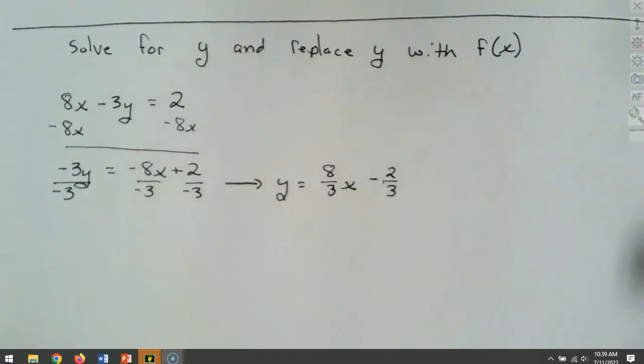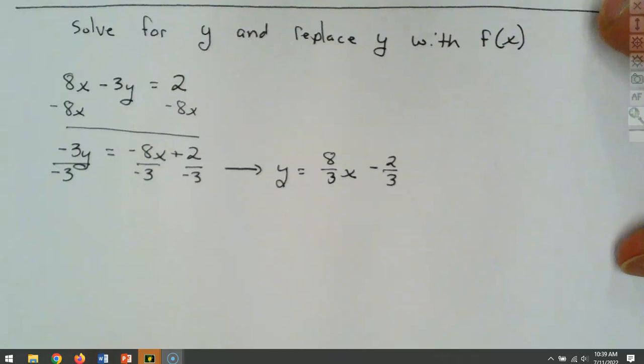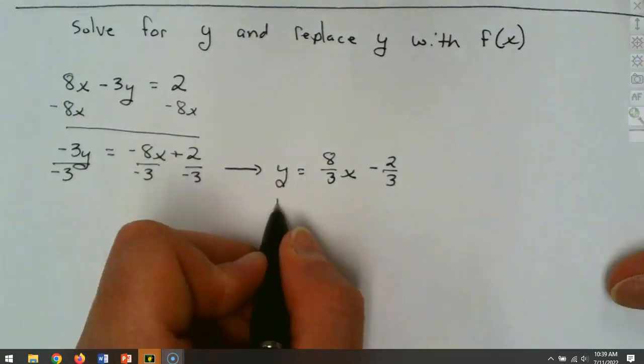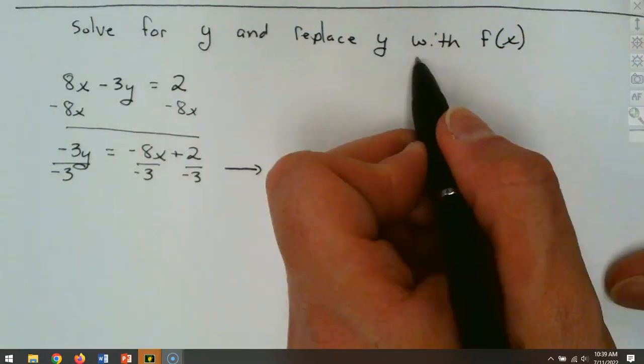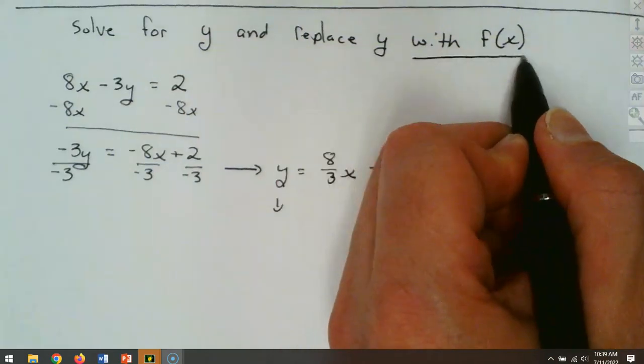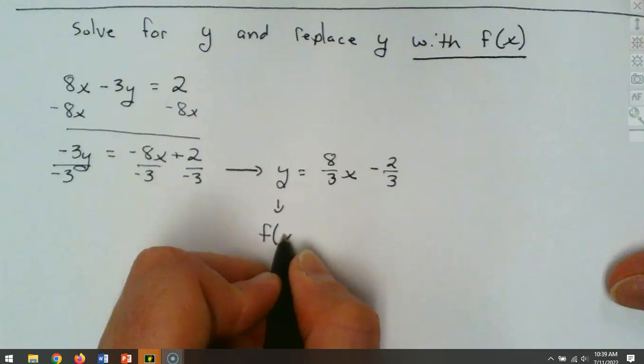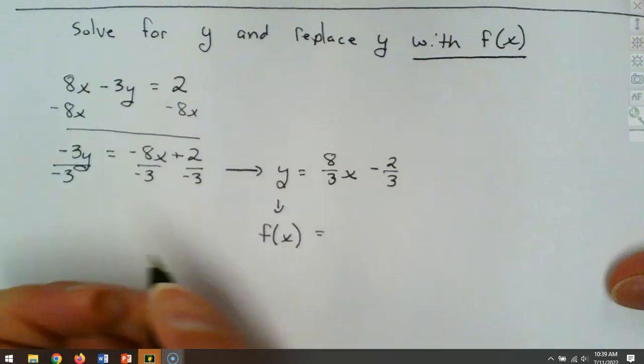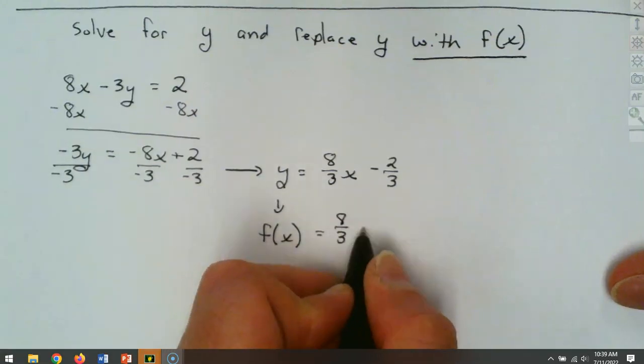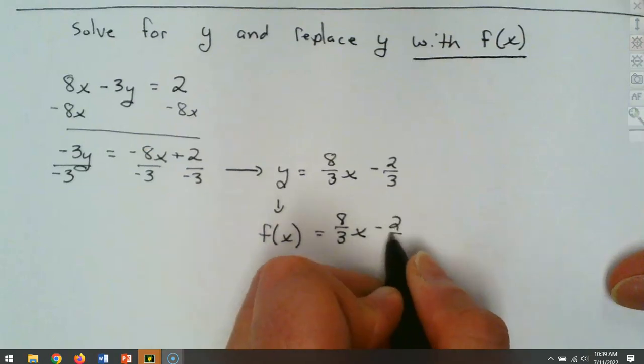And what's our last step going to be? The only new step is we replace that y with what? We replace y with f of x because we want it to be a function. So now our final answer would be f of x equals 8/3 x minus 2/3.